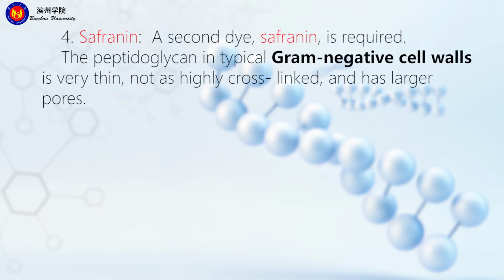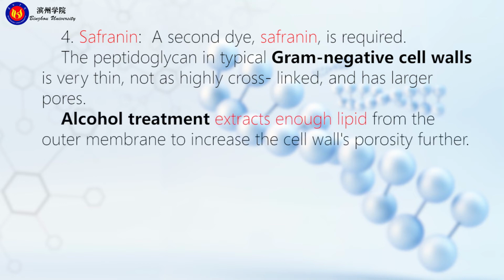The fourth step is safranin staining. It is a second dye. The peptidoglycan in typical Gram-negative cell walls is very thin, not as highly cross-linked, and has larger pores. Alcohol treatment extracts enough lipid from the outer membrane to increase the cell wall's porosity further.